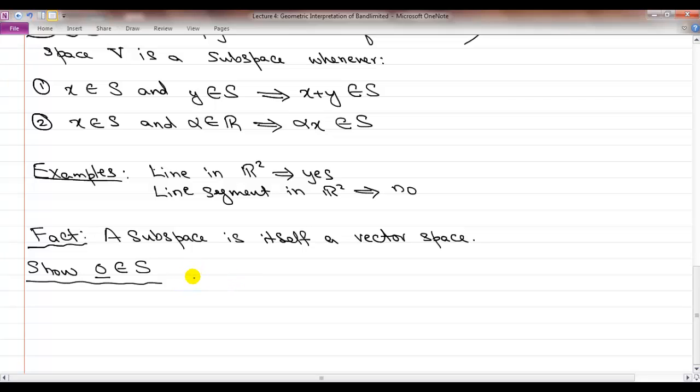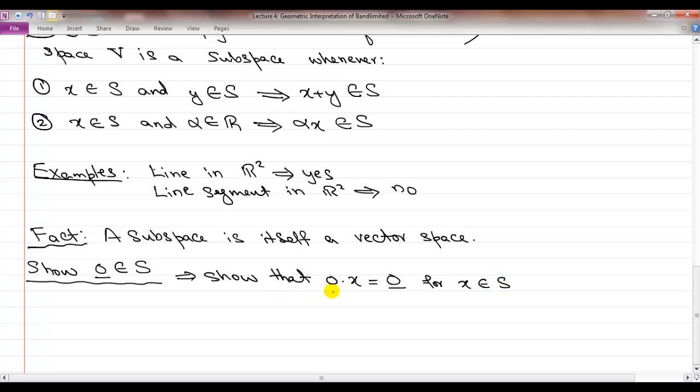Now, to show that the origin belongs to the subspace, we can show that 0, which is a scalar now, multiplied with x is equal to 0, for x belonging to the subspace.